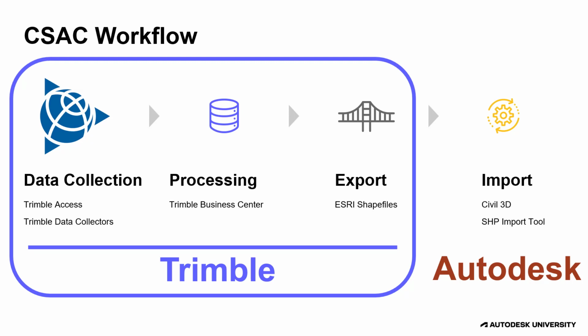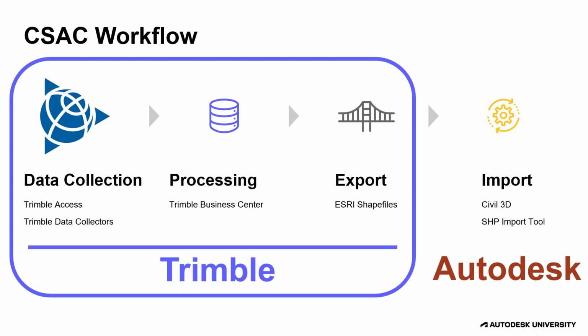So we're going to make sure that all our feature lines aren't crossing, all our points are correct, all our data, and anything that needs to be changed is changed within Trimble Business Center. And then we have a link between the survey data collection and the processing. Then we export it out to Esri shape files, and those shape files can then be imported into Civil 3D using the Shape Import tool.